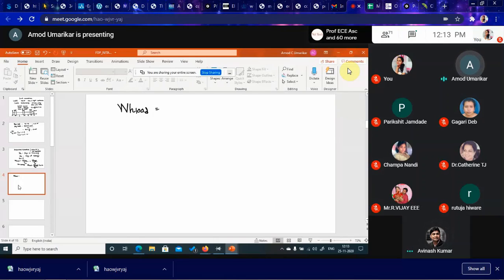If DA is not 0, then WH load will be, it has to supply night load, and plus it has to supply both day load as well as night load, correct?